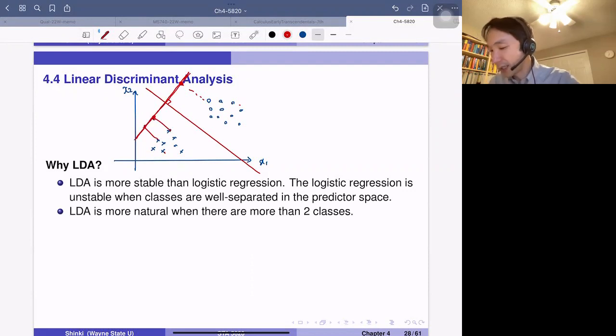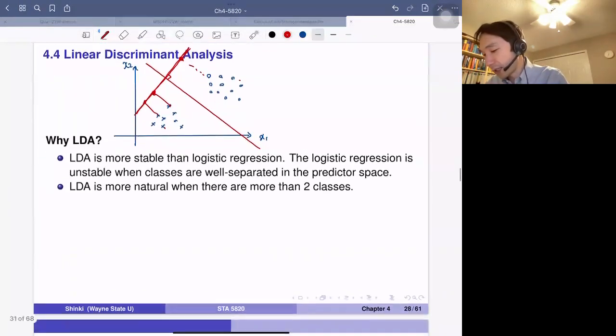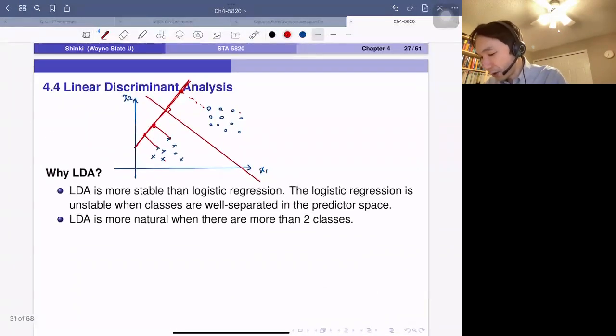So basically, it's similar to determining the separating line for the two groups. But for logistic regression, it's hard to determine in this case because this is perfect separation, and this is perfect separation, and this is perfect separation. Even this is perfect separation.